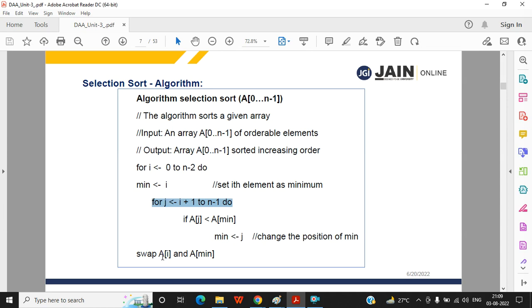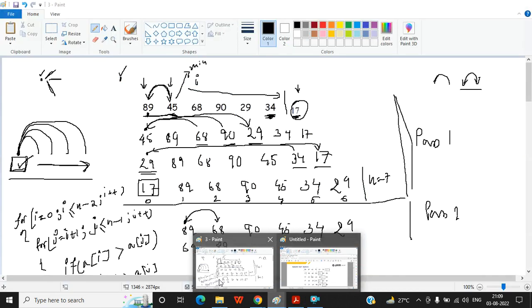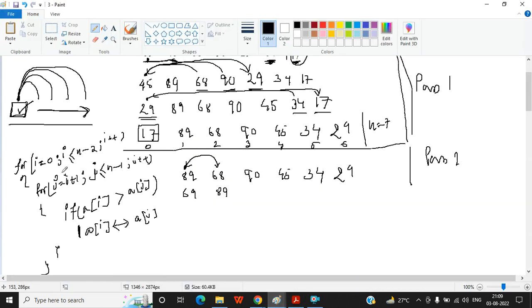Once they get the minimum element, they interchange it with the ith position, 0, 1, 2. So basically both algorithms are the same, no problem. You can take any one.